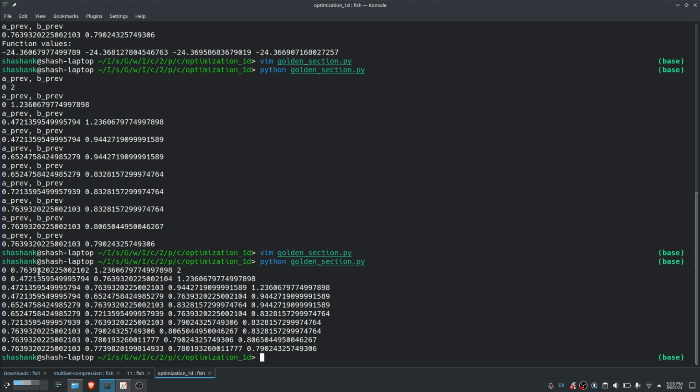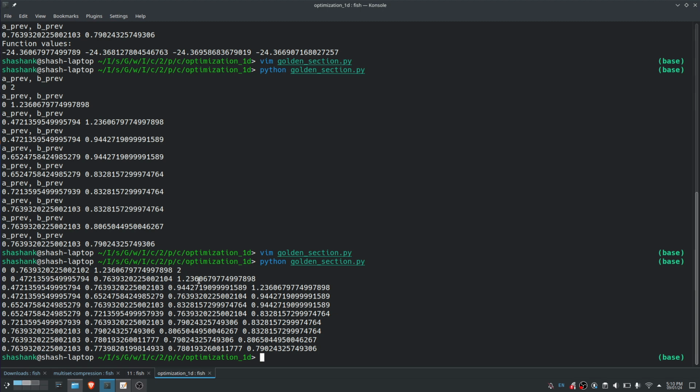So initially I would need to evaluate at all of these 4 points. Let's see if we can make this easier. Okay. So I need to evaluate at these 4 points.